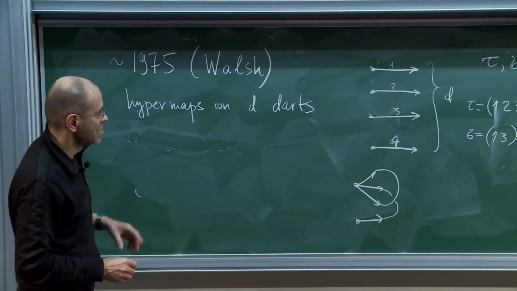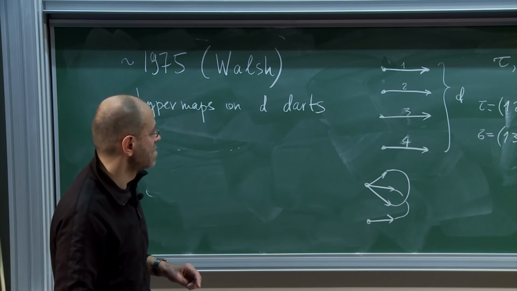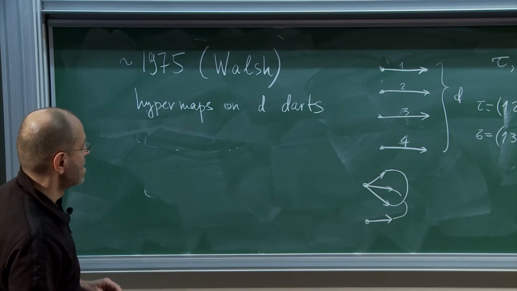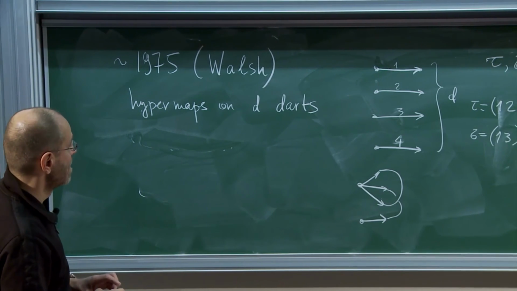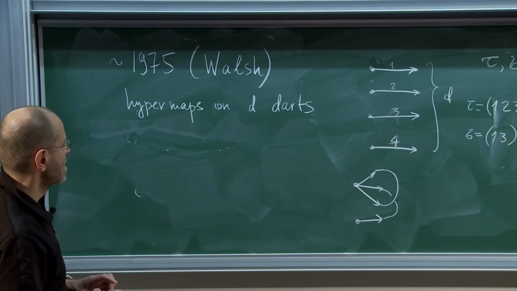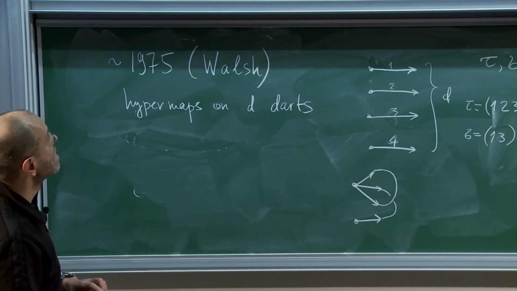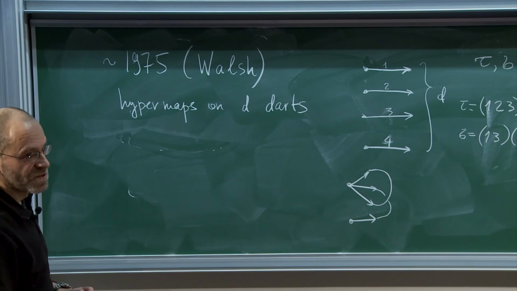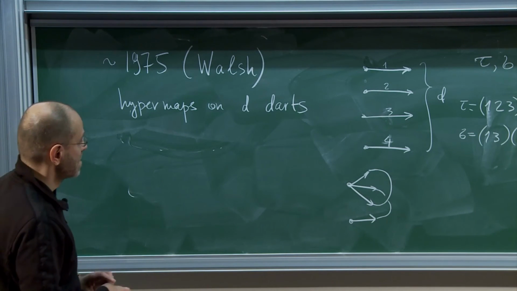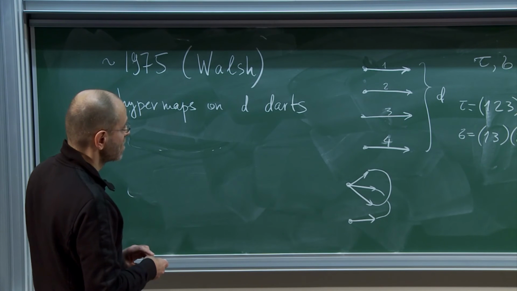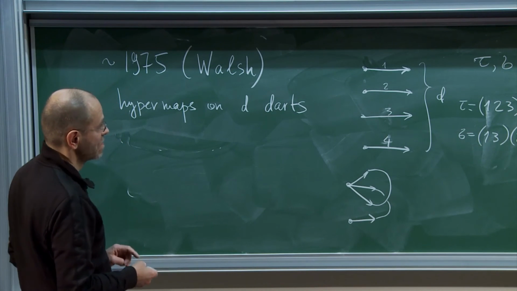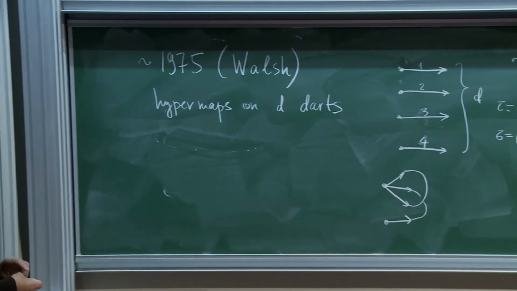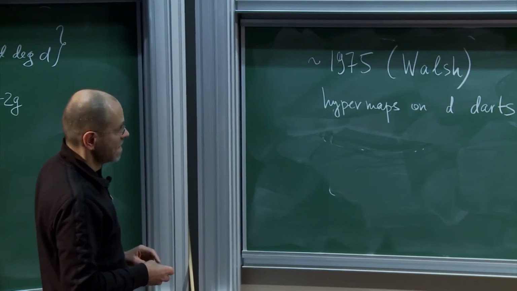And it's easy to see that that's the same as the enumeration of the coverings with three critical values, because they are also described by two arbitrary permutations in S_D.